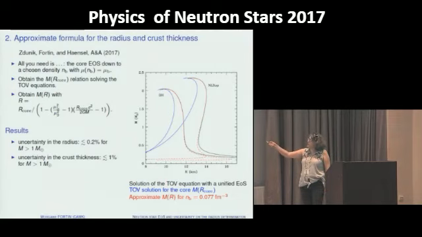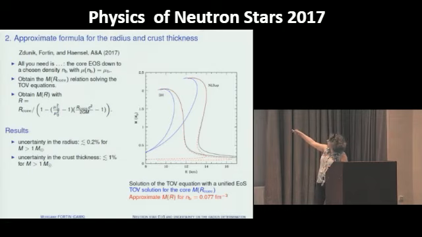Then you solve the Tolman-Oppenheimer-Volkoff equation for the core. So you obtain a relation, those are the blue lines, between the radius of the core and the mass. And then using this simple formula here, you obtain the mass as a function of the total radius of the star. So those are the red lines.